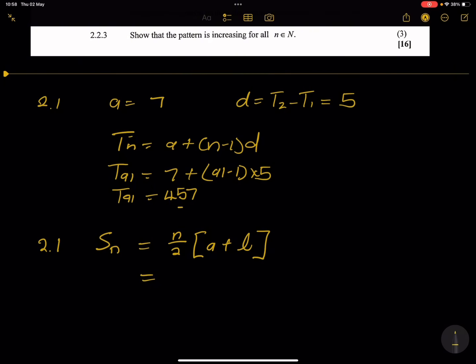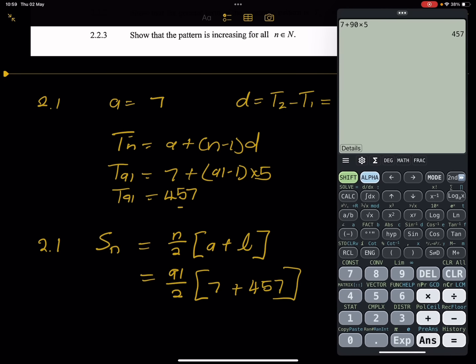Okay, so this is going to be 91 over 2. Our A value is 7, and our last term rather is 457. So again, quickly, to whip out our calculator, that's 91 over 2 multiplied by 7 plus 457.